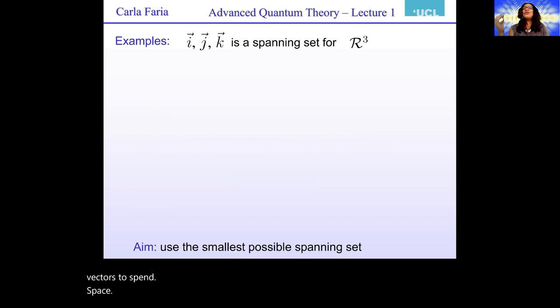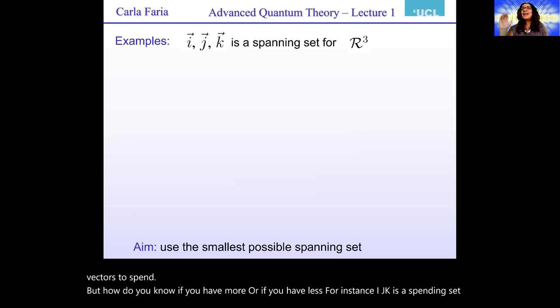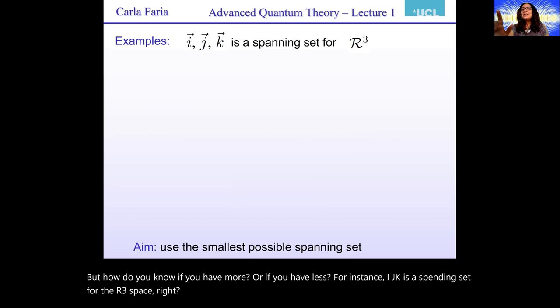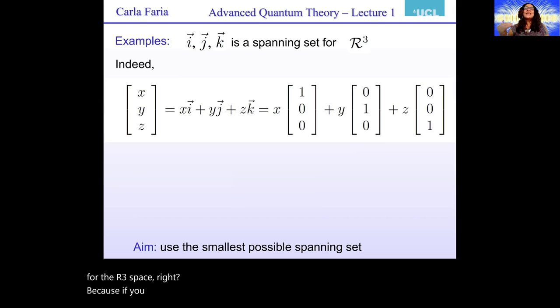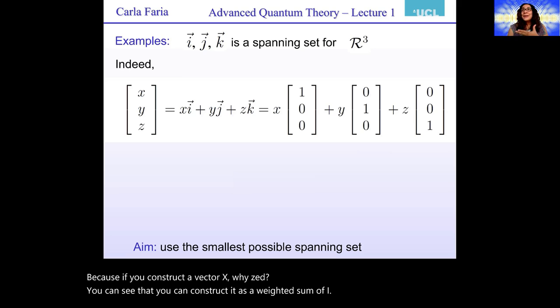But how do you know if you have more or if you have less? For instance, ijk is a spanning set for the R3 space, right? Because if you construct a vector x, y, z, you can see that you can construct it as a weighted sum of i, j, and k.